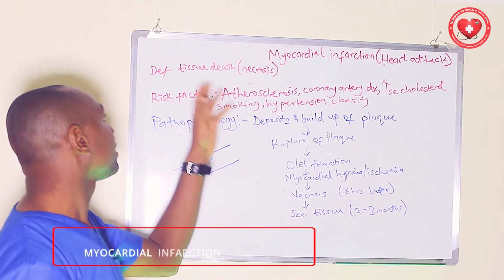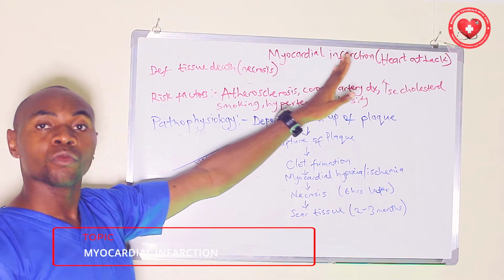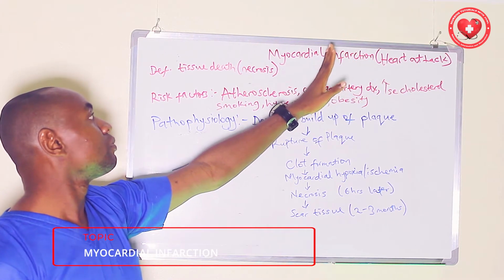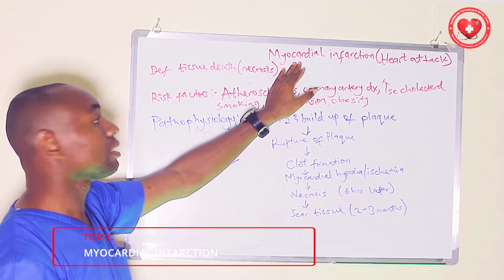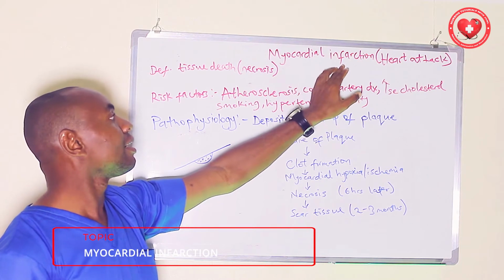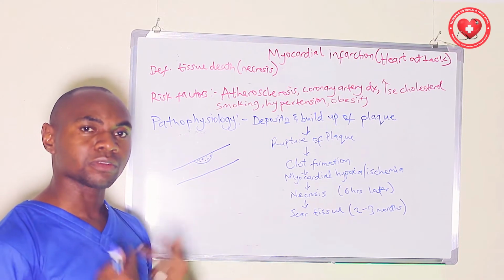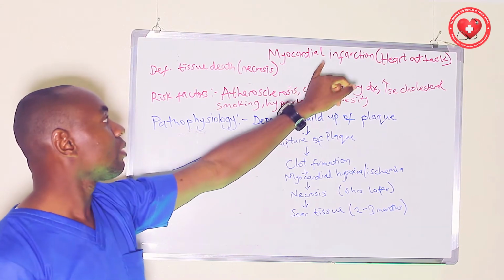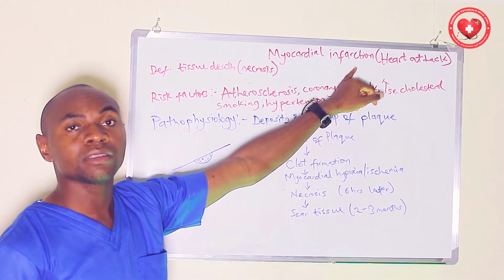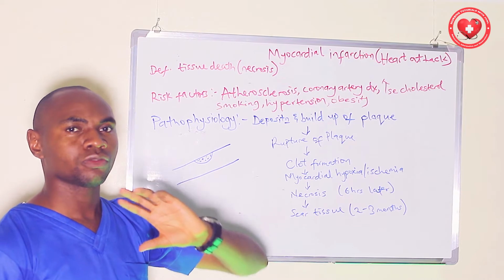Now, myocardial infarction, if you break the two words, you have myocardium and infarction. The myocardium is the heart muscle, the middle layer of the heart, while infarction means tissue death.